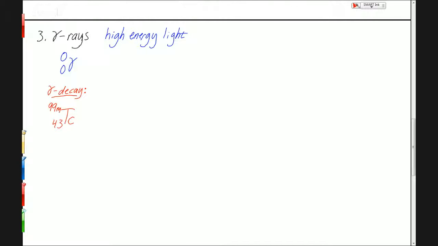That m stands for metastable. Meta means like partway, partially stable. So that means that this nucleus is not totally stable. There's something unstable about it. And that instability will manifest itself in it releasing energy spontaneously. So when it returns to the stable form of just 99, it releases a gamma ray.